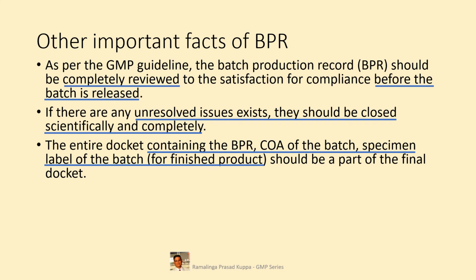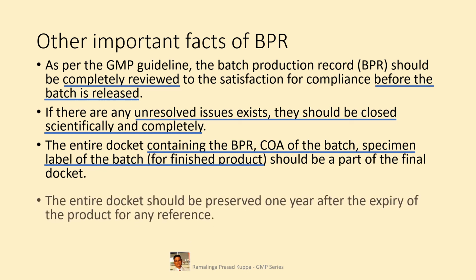All these items should be archived as a single docket for easy retrieval and review if required. Many would file the OOS investigations, deviations, etc. as a separate file. This is also acceptable as long as the retrieval is effective and timely for any review.